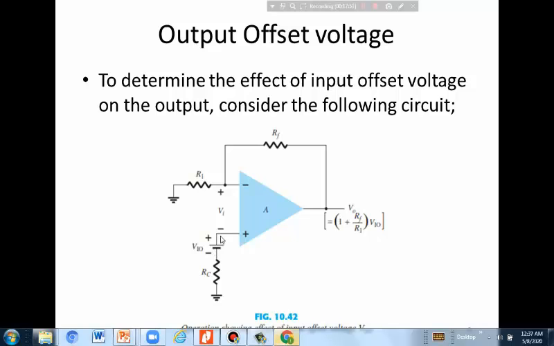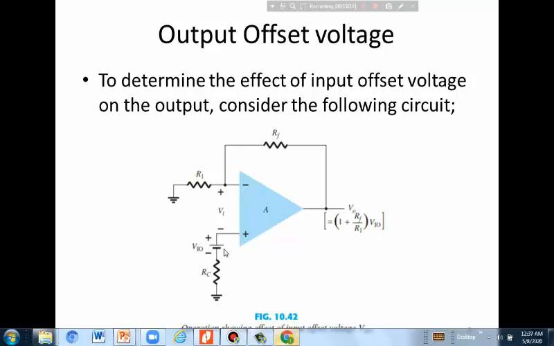This input voltage source is not applied externally, but is part of the IC. It is internal to the IC and appears at the input terminals, and because of this input offset voltage, we are modeling it as an input battery or input DC source.